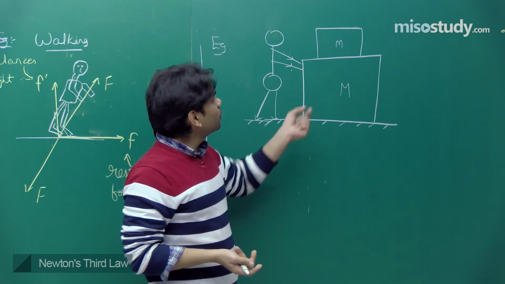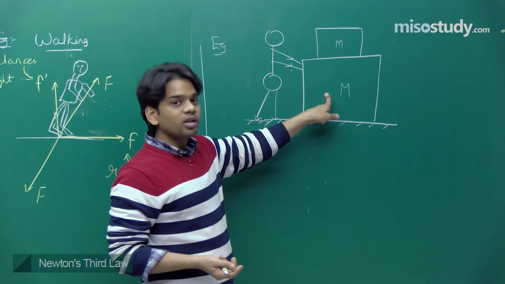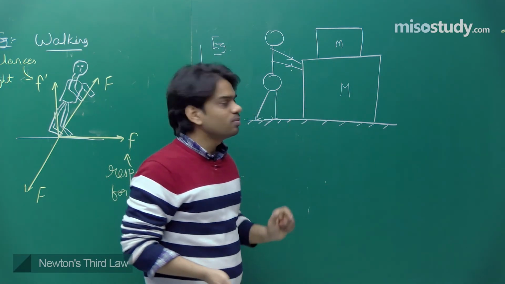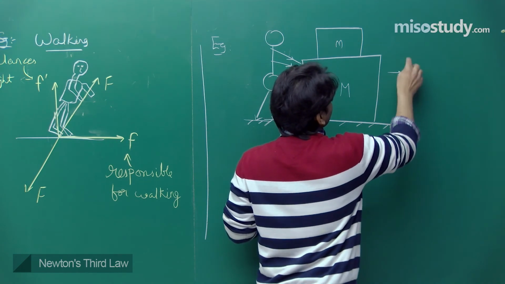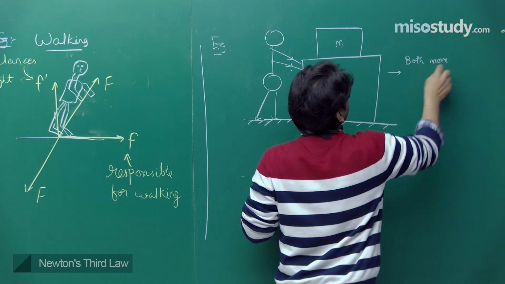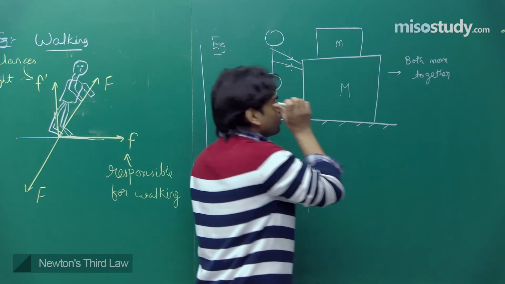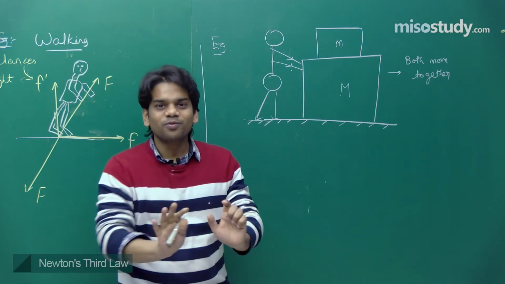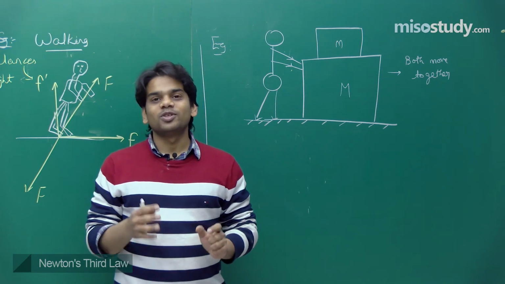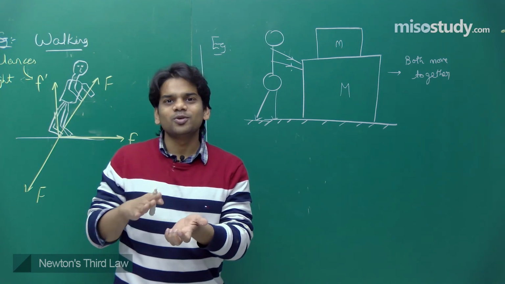Now, which force is responsible for moving this one? You are applying a force on the bigger block, but actually both objects are moving together in the forward direction. Every time we observe this: you take a big box, keep some load on it, and push the bigger box, and the load on top also moves together, both sticking to each other.